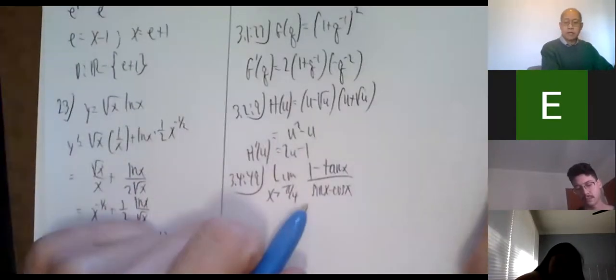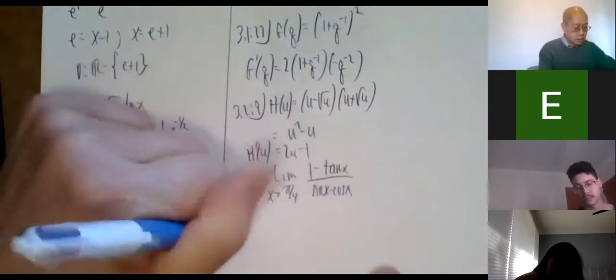Let's see, if I directly substitute, I get 0 on the bottom. Okay, so we can't do that.